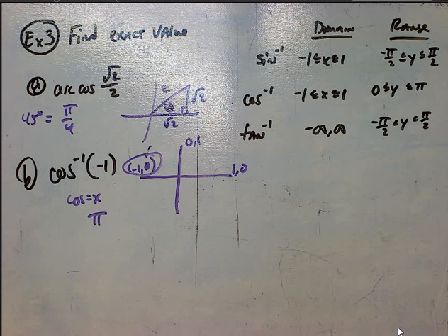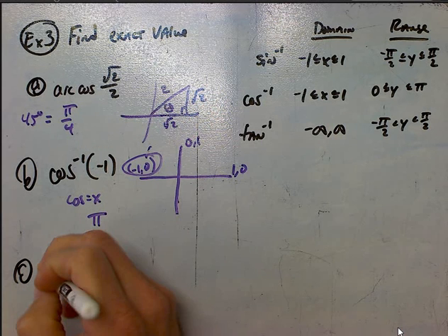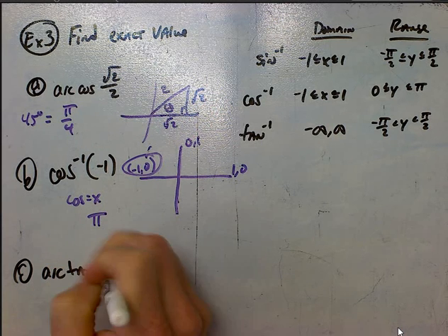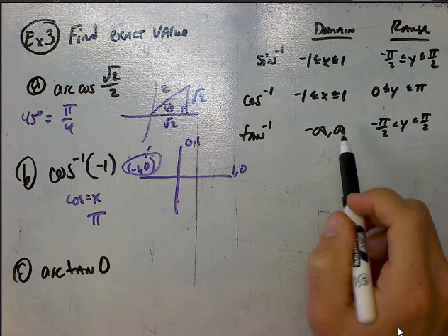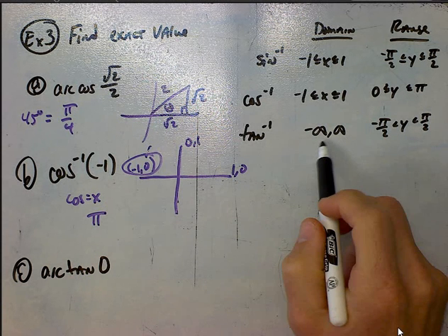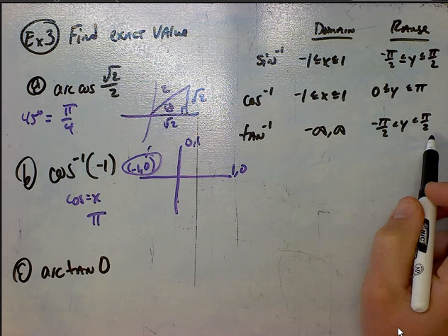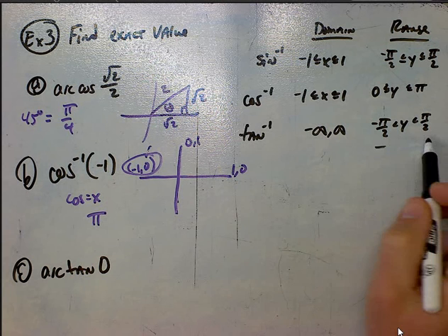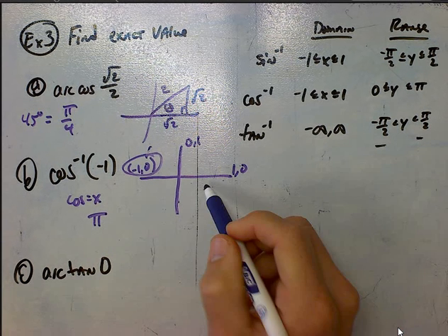Letter C wants to know the arc tangent of 0. For tangent, the domain can be any number, but the range is going to be between negative pi over 2 and pi over 2, meaning our answer has to be somewhere between negative pi over 2 and pi over 2. I'm going to use this quadrant again, negative 1 comma 0.